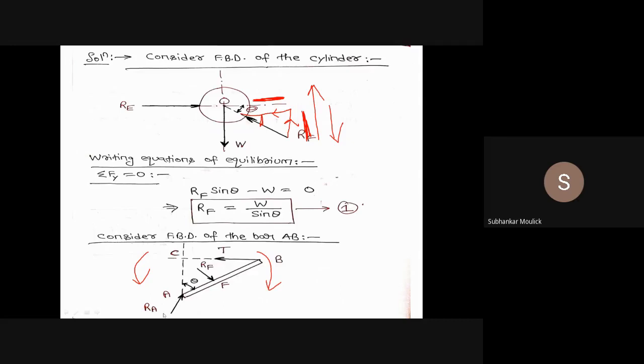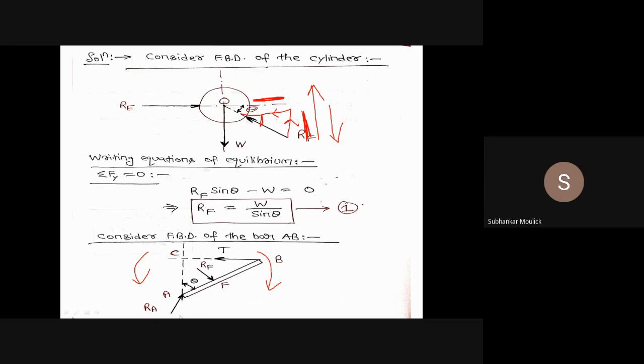Will I take any moment of a force that is passing through point A? For the tension in the string, the moment about point A is T into AC. For RF, the moment about point A is RF into the perpendicular distance AF.